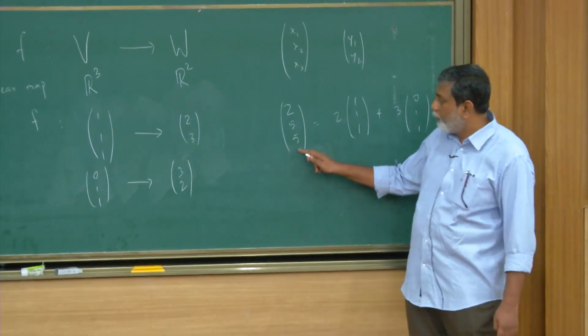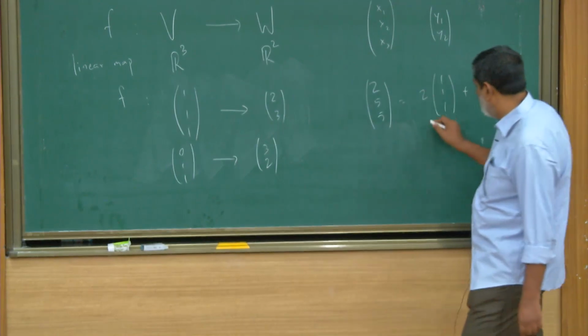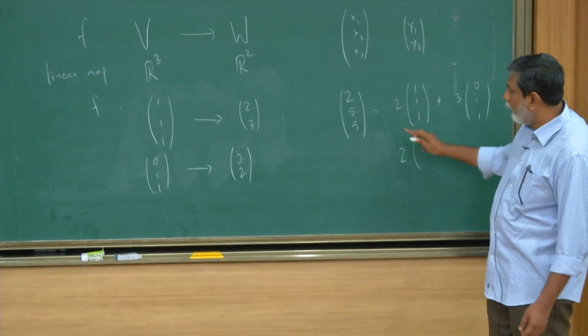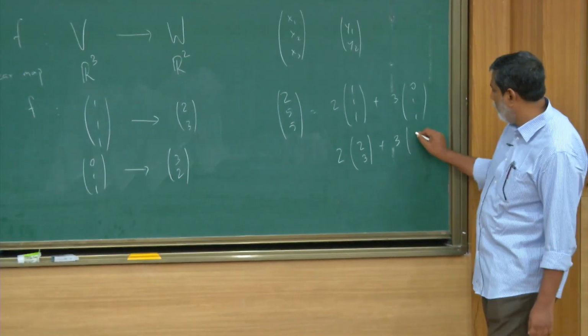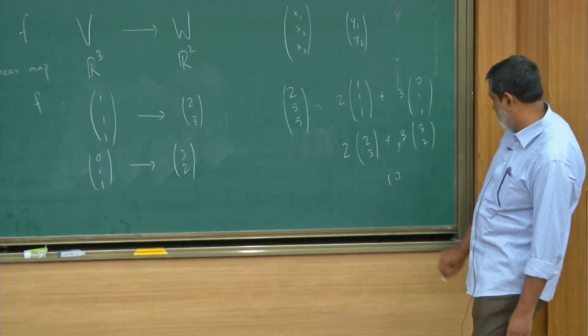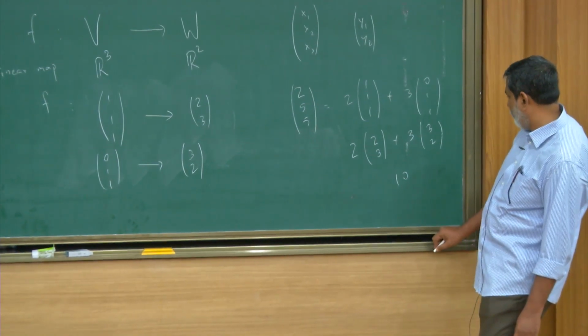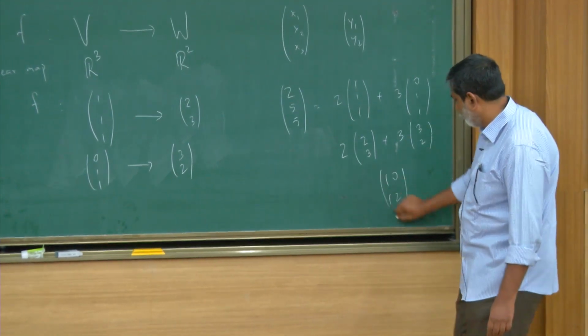So under this map f, the vector (2, 5, 5) would map to 2 times (1, 1, 1) goes to (2, 3), and 3 times (0, 1, 1) goes to (3, 2). So it maps to 4 plus 9 and 6 plus 6, that is 10 and 6 and 6, 12.